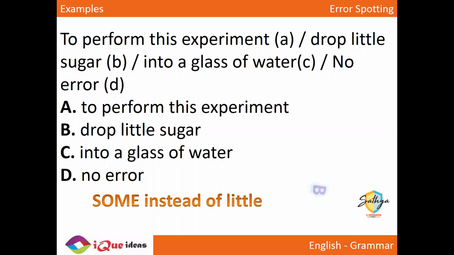Either you say to perform this experiment, drop some sugar into a glass of water. Alternatively, you may say drop a little sugar. If you only say little, it means small. We don't call sugar small, we say the quantity of sugar is small. So a little sugar or some sugar, right? You simply cannot say little, because it means small. And we don't want to add small sugar, we want to add a bit of sugar.